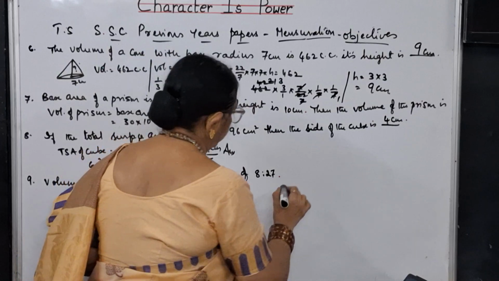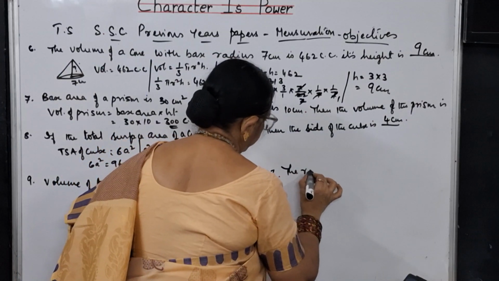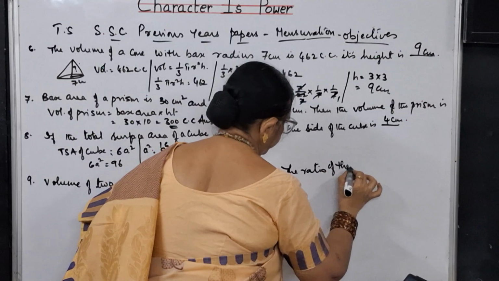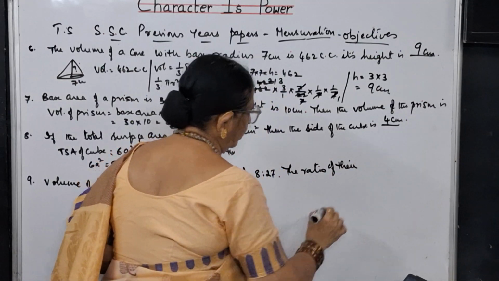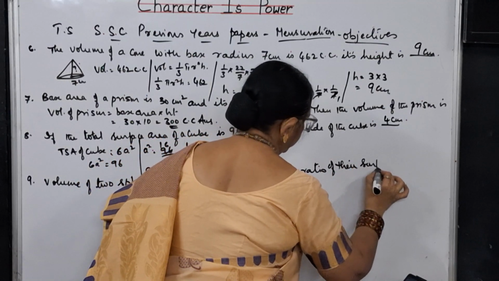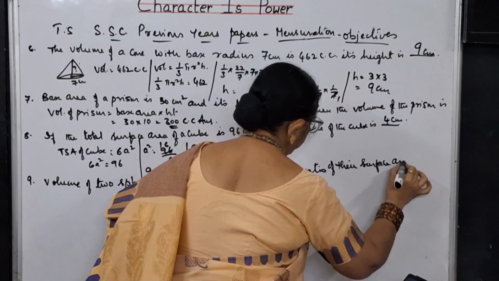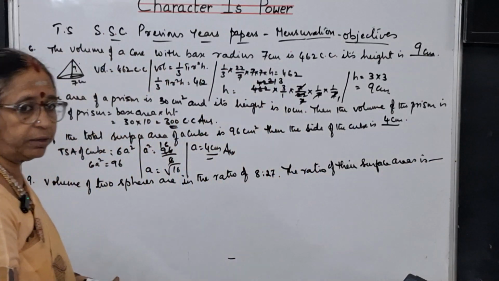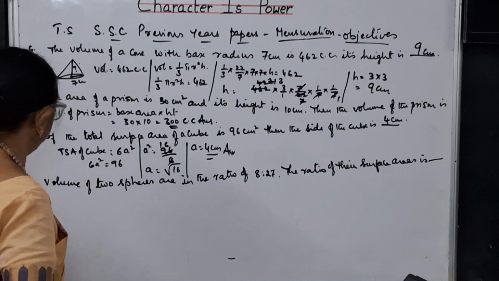The ratio of their surface areas is dash. What is the ratio of the surface areas?